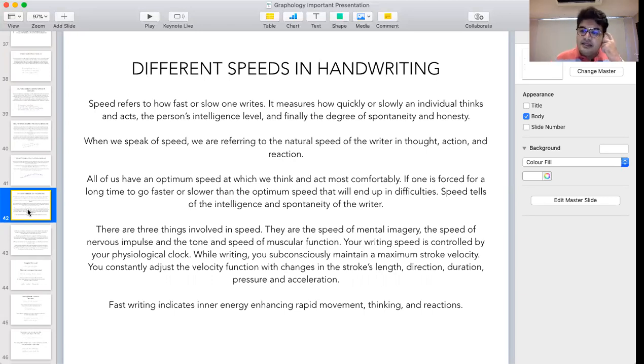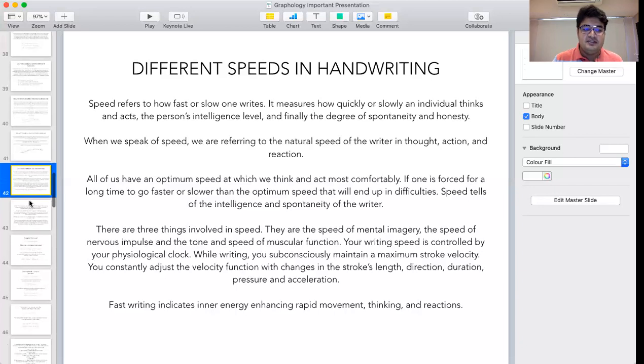There are many times when you must have noticed that when you're writing extremely fast, it is also said, as per research, that your brain is working much faster. So you're going at that speed and writing very quickly. When we talk about rapid movement, thinking, and reaction, you will react quickly as well if you are a very fast writer.